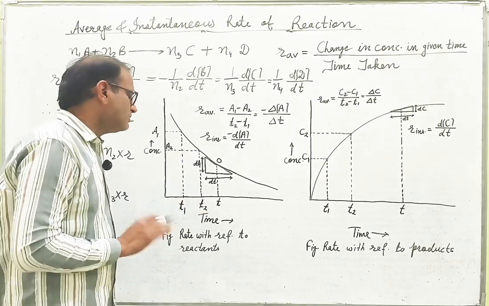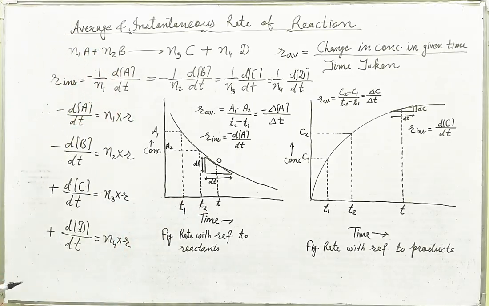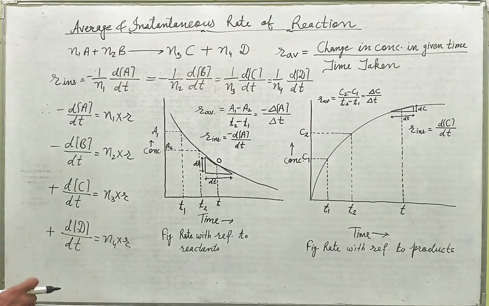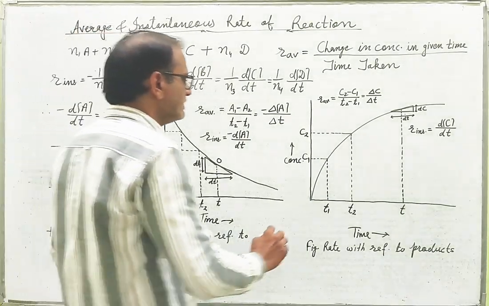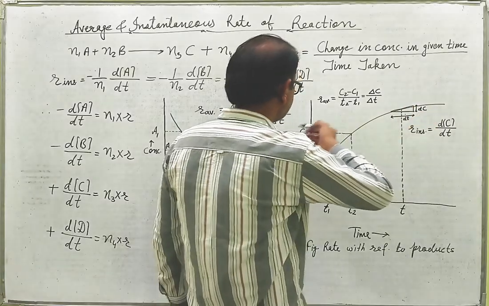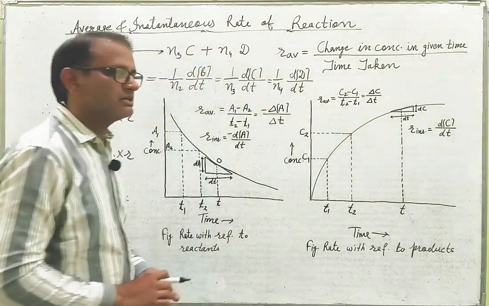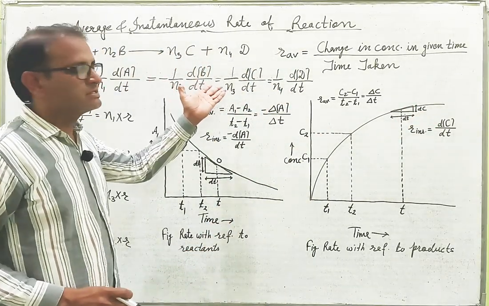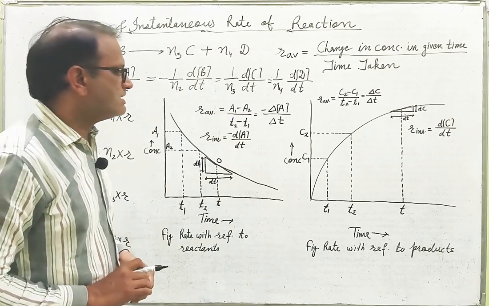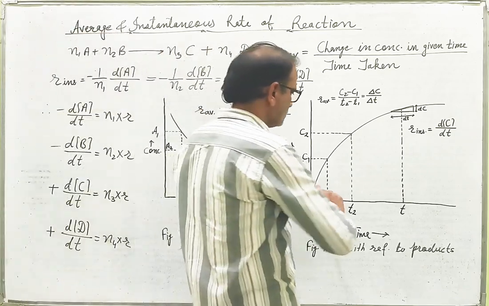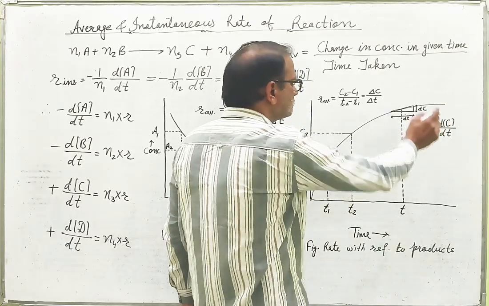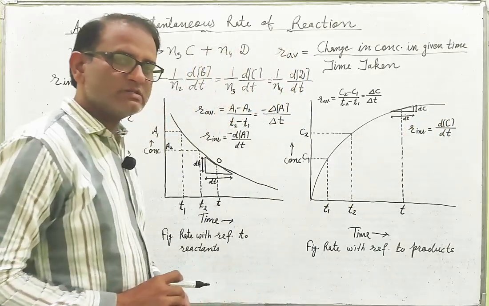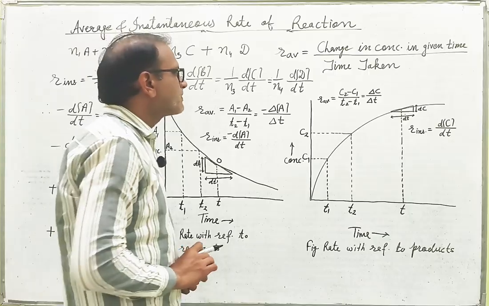Am I right? If we want to calculate the average rate and instantaneous rate of reaction with reference to product, then of course we will get a graph like this. If we are taking product C as our reference, then the concentration of C will increase with time, because the concentration of product increases with time.